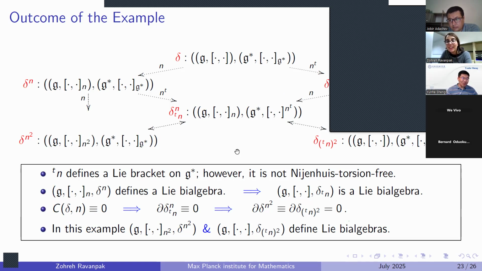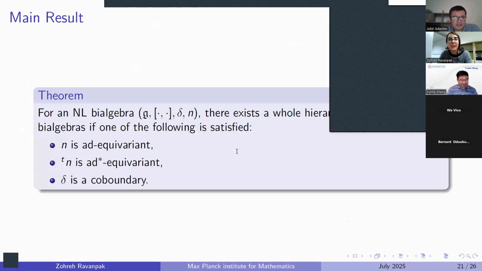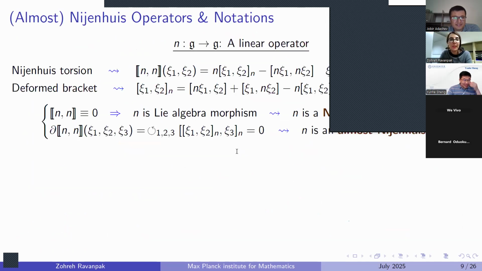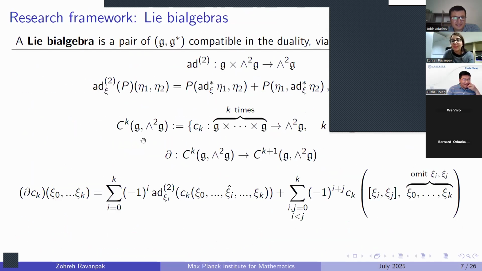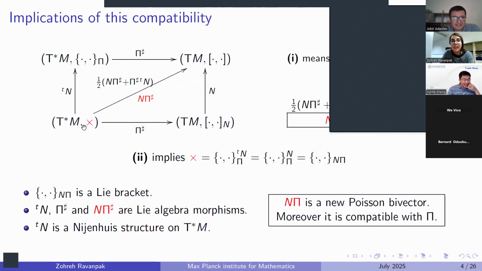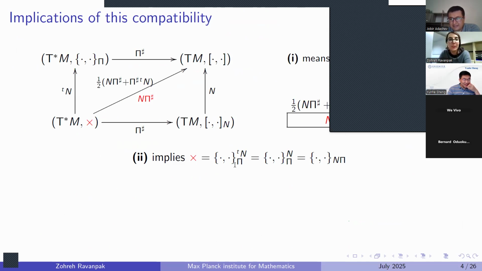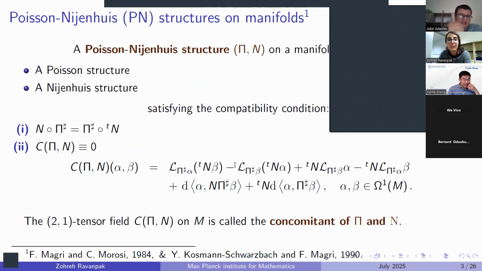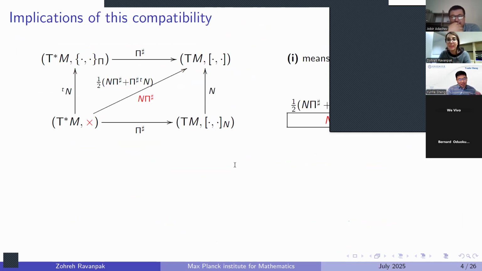Okay, I will write to you by email. But it happens in the Poisson-Nijenhuis structures. Look at the diagram we have here. Exactly here, we impose the condition in order for these three to be the same. This condition we put here in the concomitant. But I just want a statement.